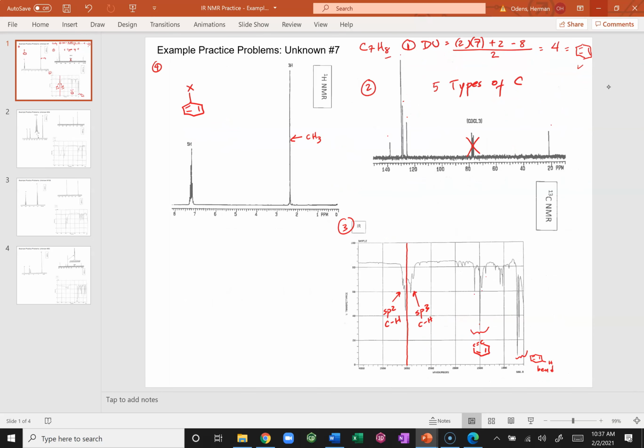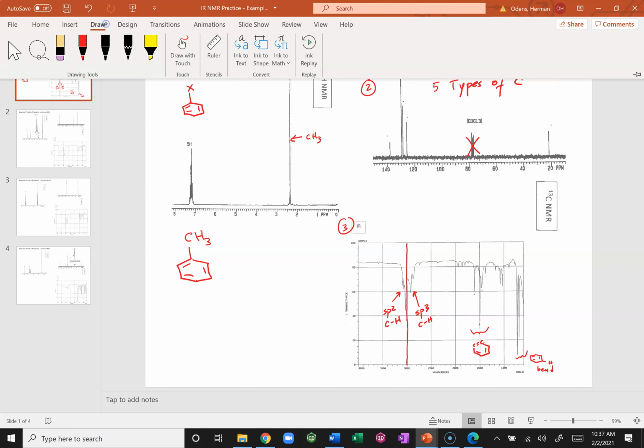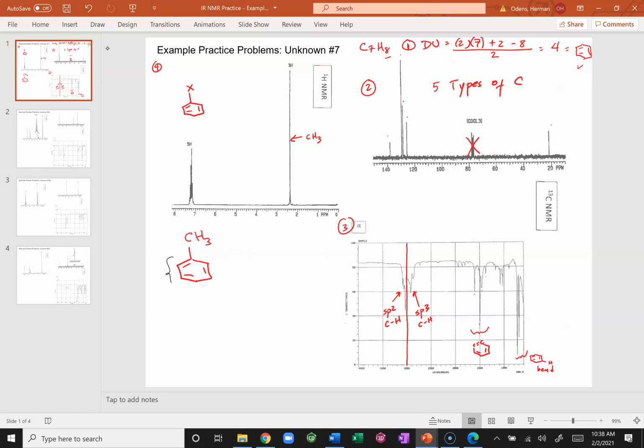I will say that this is toluene, or methylbenzene. All right. So I would say that this is, I'm going to call this A and B, A and B, and we're good.